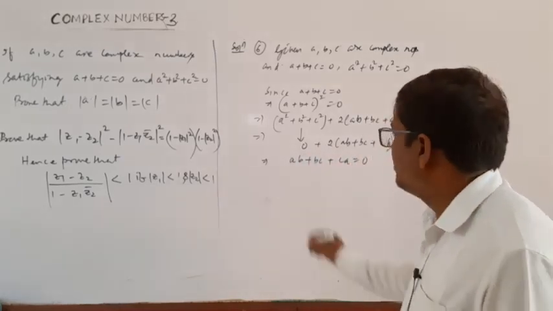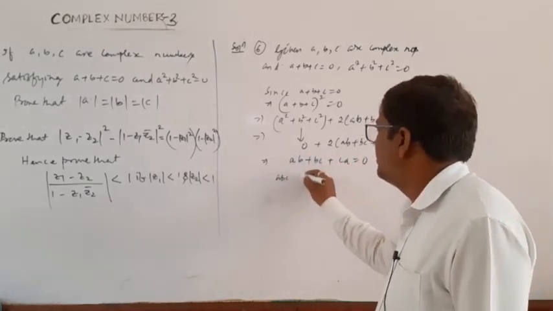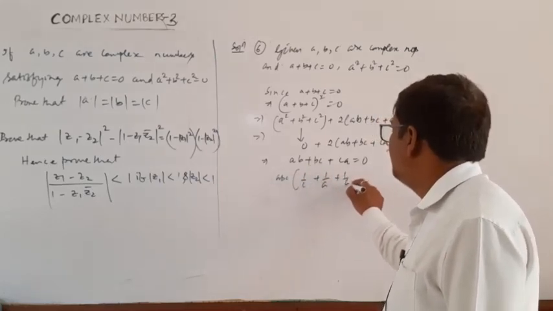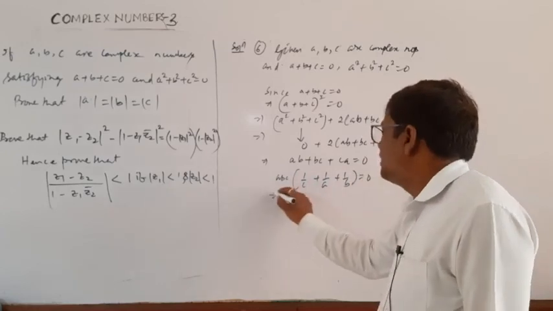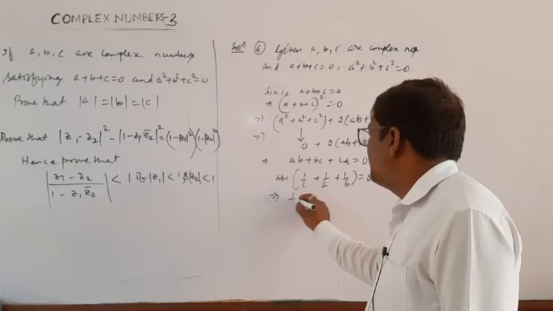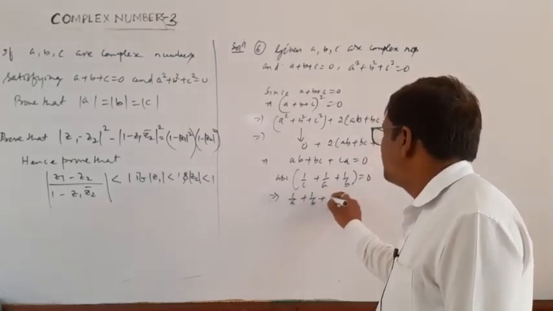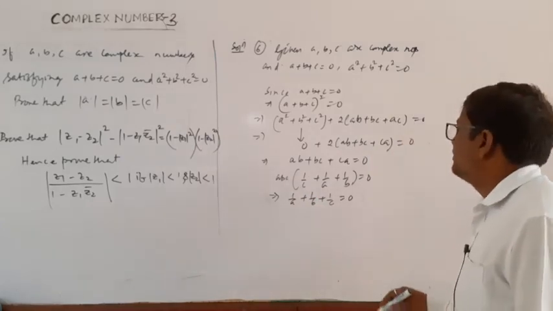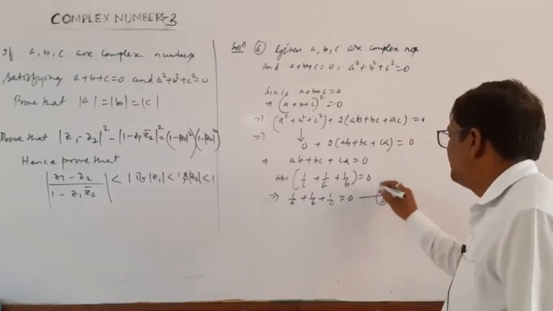Taking ABC common, that is 1 by C plus 1 by A plus 1 by B is equal to 0. Since A, B, C are different complex numbers, 1 by A plus 1 by B plus 1 by C is equal to 0. Suppose this is equation 1.